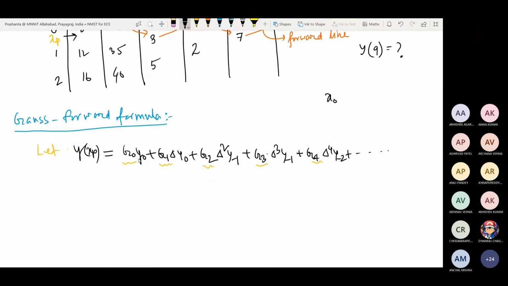Any arbitrary data point will be either before x naught or after x naught. That can be written as xp equals x naught plus some p into h. p may be positive or negative. And h is the spacing, the difference between two consecutive input values.